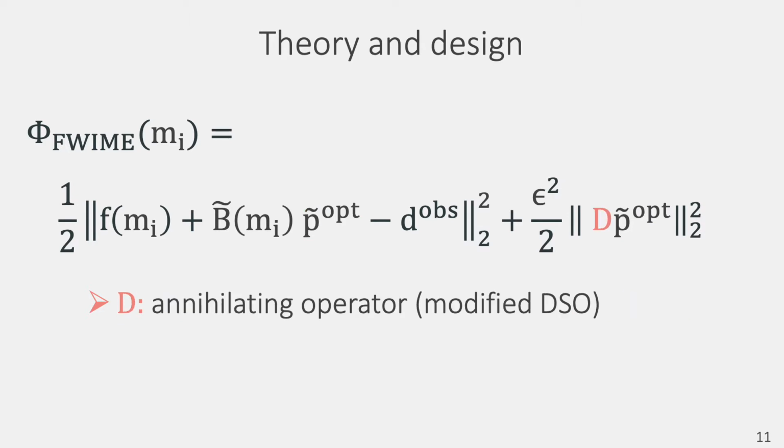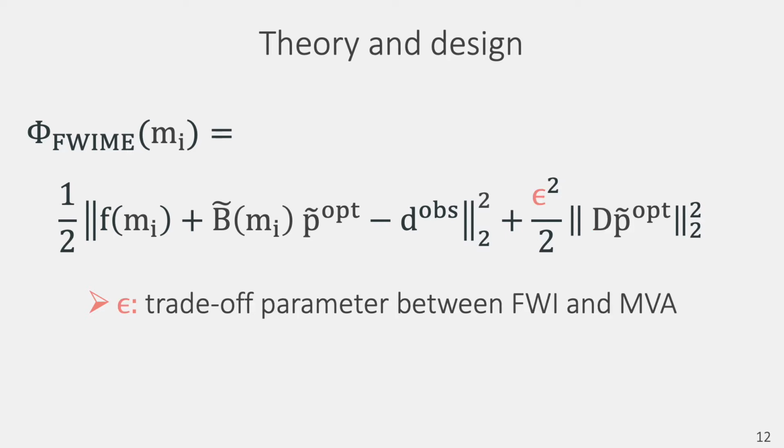Our modified and invertible DSO operator plays a key role in the MVA term. By enhancing the energy present in P tilde opt, it contributes in guiding the FWIME towards the global minimum. Finally, the trade-off parameter epsilon balances the relative contribution of the 2 terms, and this parameter is selected once and for all at the beginning of the inversion process.